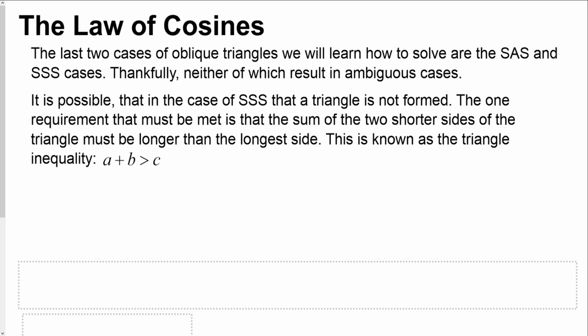The one requirement that must be met is that the sum of the two shorter sides of the triangle must be longer than the longest side. This is known as the triangle inequality, where a plus b must be greater than c.